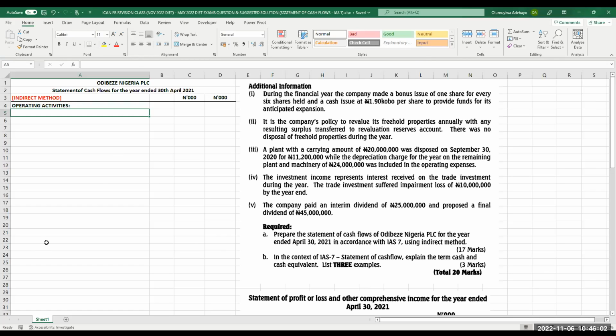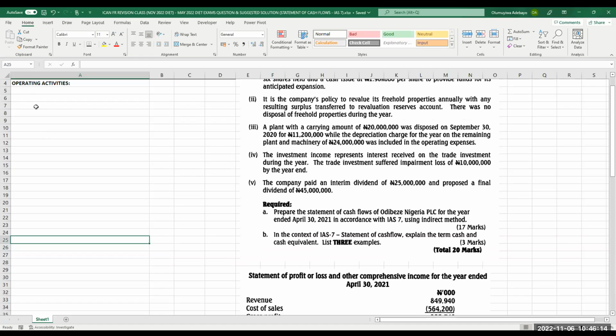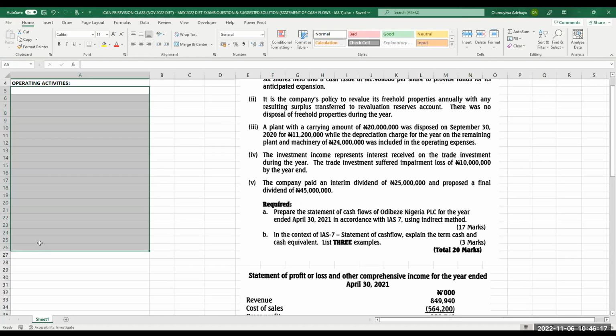I can leave like 20 lines. Nobody will penalize you if you leave fewer lines, but again, depending on the methodology you are comfortable with, I can leave like 20 lines. Is this up to 20? Yeah, this is about 20 lines.